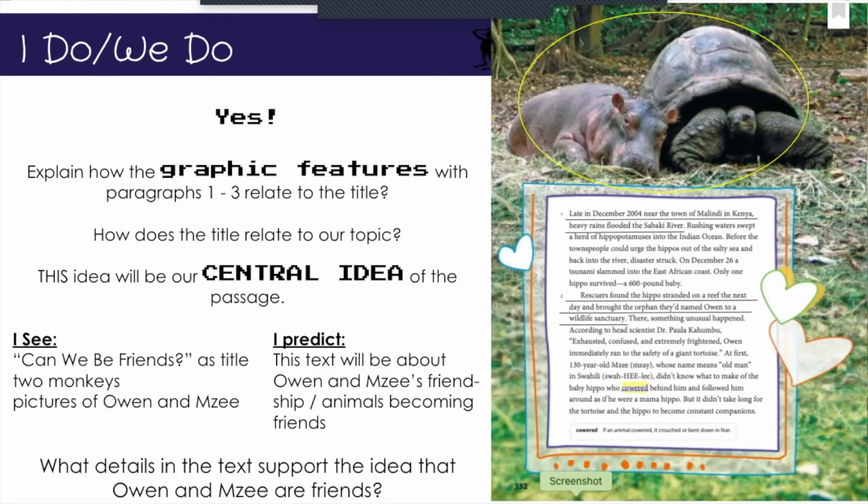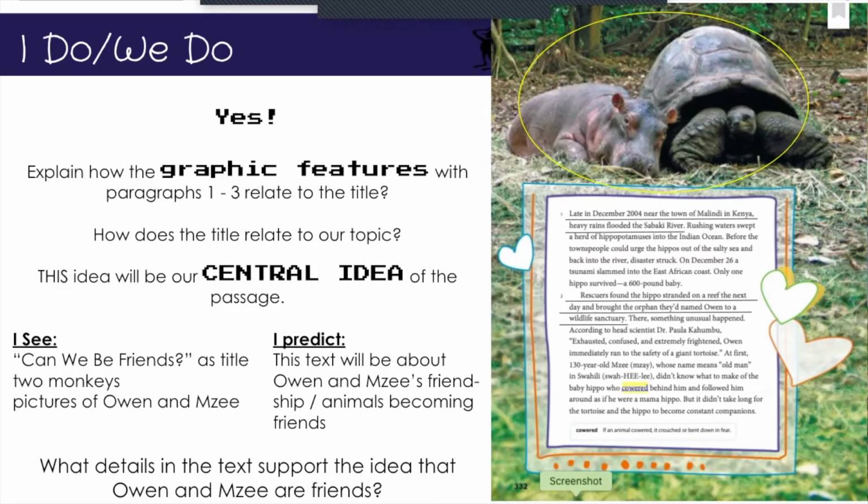I'm going to create our I see and I predict T-chart. And let's add a couple of these details that we see and make the predictions about what our central idea will be about. I see on our title, can we be friends? I see a picture of two monkeys. I also see pictures of Owen and Mzee.